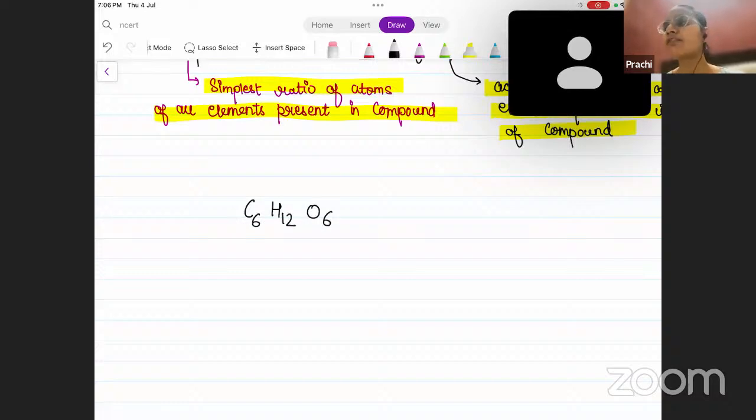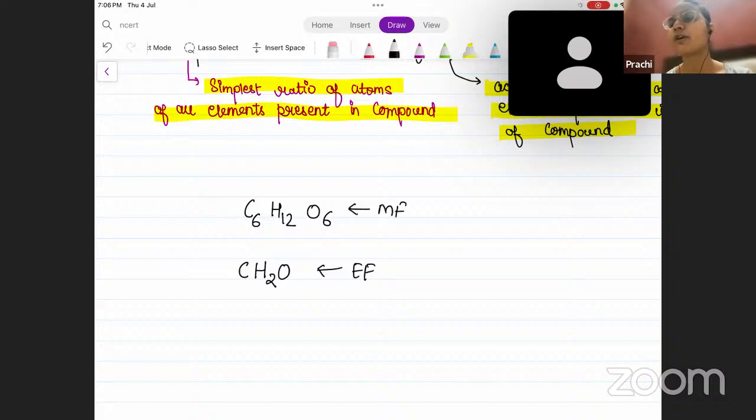Now if I write this formula in the simplest ratio, then I'll divide all of the atoms by 6, and I'll get CH2O. So this is the empirical formula and this is the molecular formula.